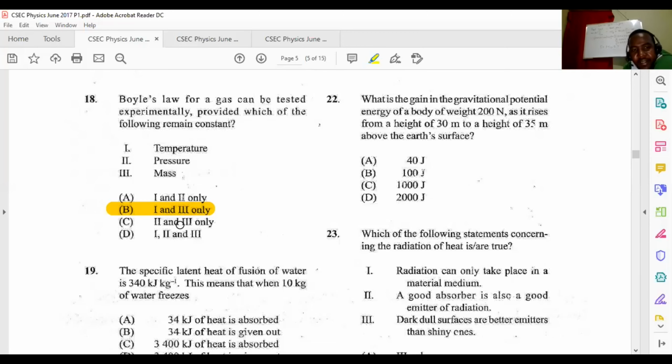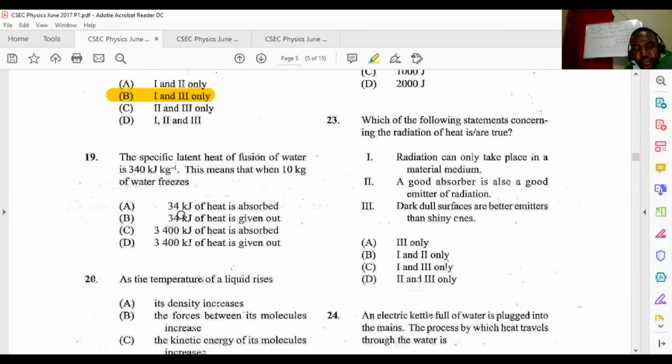All right, 19. The specific latent heat of fusion of water is 340 kilojoule per kilogram. This means that when 10 kilogram of water freezes, then what happens? So remember, fusion is from solid to liquid. So between solid to liquid, would you need to absorb heat or give off heat?